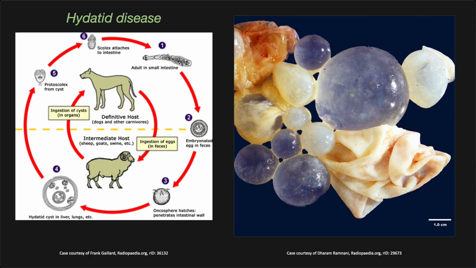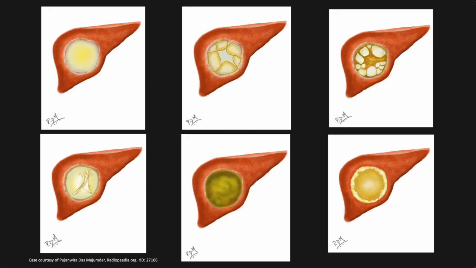And with hydatid disease, humans are the accidental hosts, and infection occurs when we eat infected food that is contaminated with echinococcal eggs. Here is a nice illustration of the different stages of cystic echinococcus that you might encounter. Sometimes you just see a simple cyst without internal architecture, but more commonly we think of this diagnosis as having multiple smaller daughter cysts.